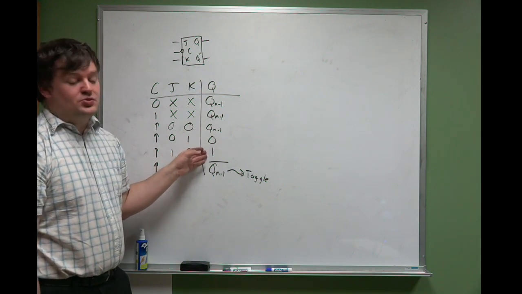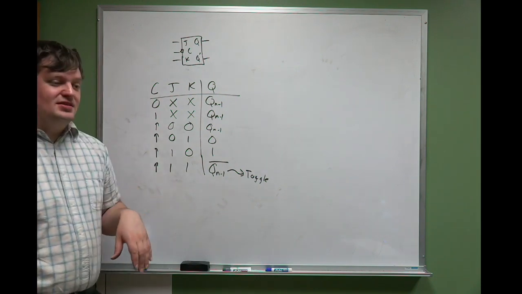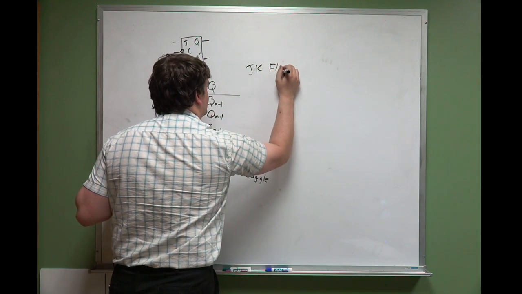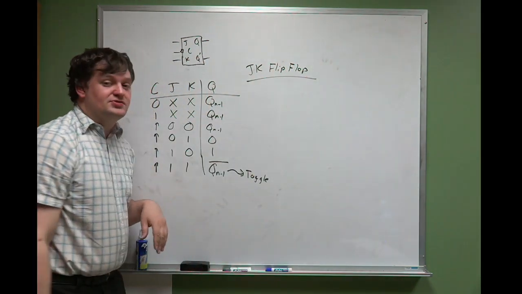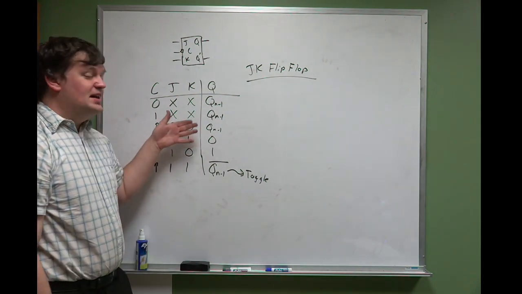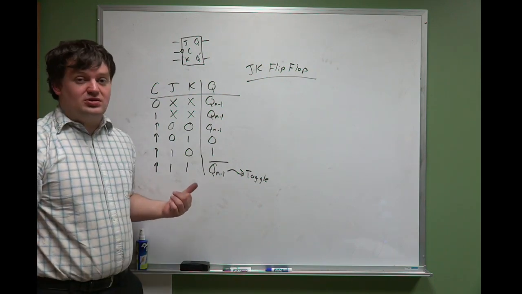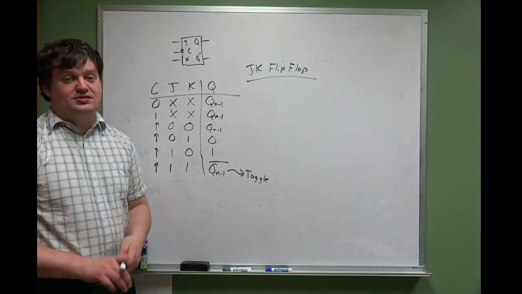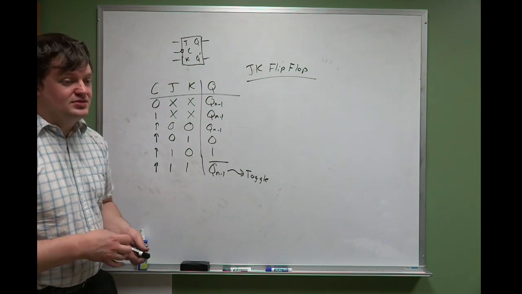Set means we turn it to 1. And we have the ability to toggle. So the JK flip-flop is very useful. It is oftentimes used as a flip-flop because it has every capability of an SR flip-flop. Here this is even edge triggered like the D flip-flop, but it also has this toggle capability. So yes, I like them JK flip-flops.